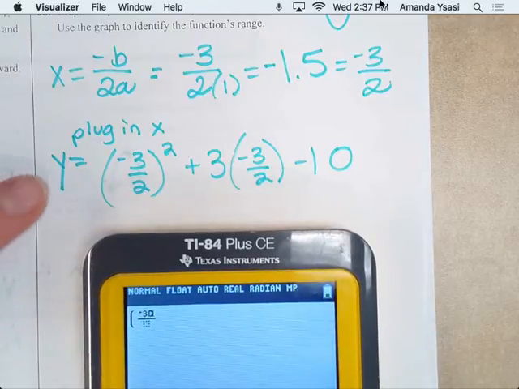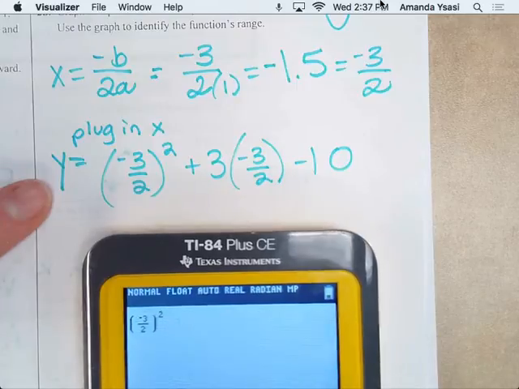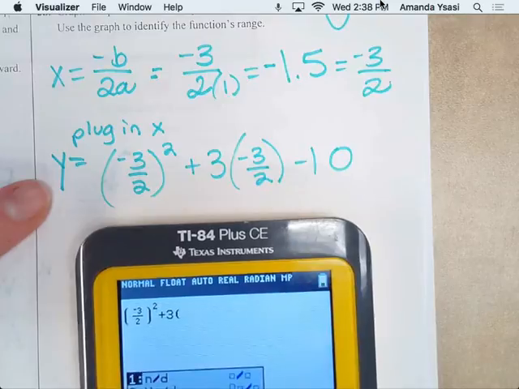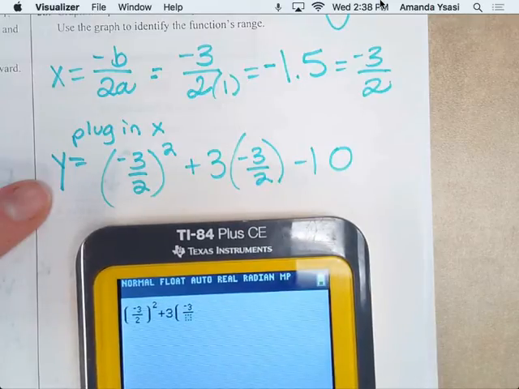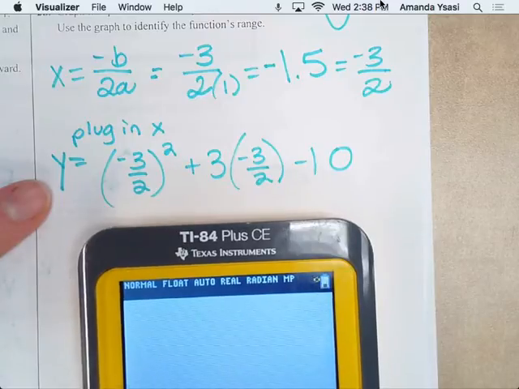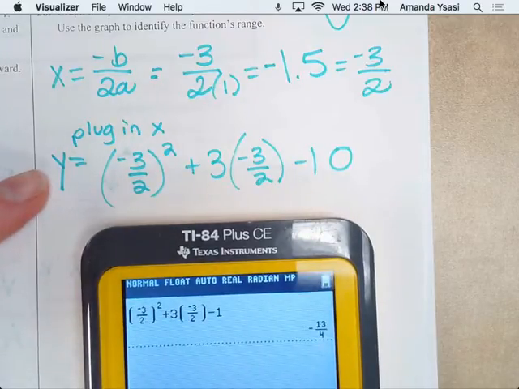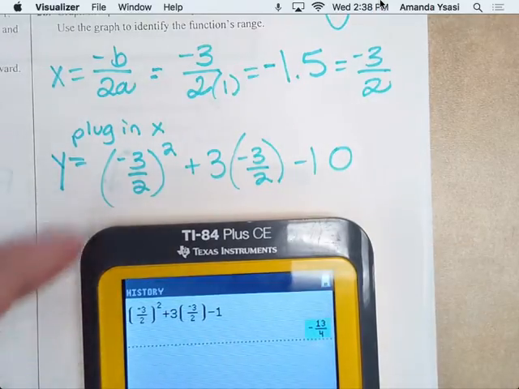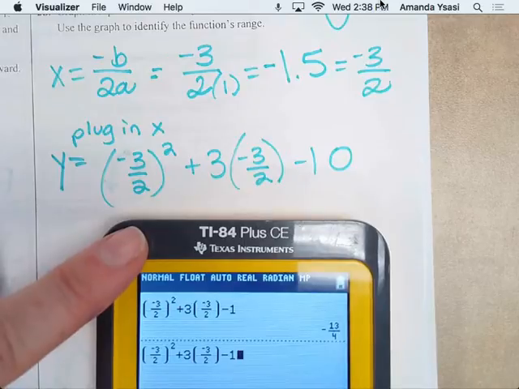Negative 3 over 2 squared plus 3 times negative 3 over 2 minus 10. Oh, minus 10. I was like, that's not right. Thank you. There we go.